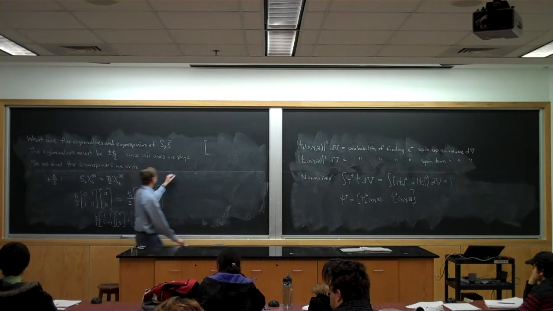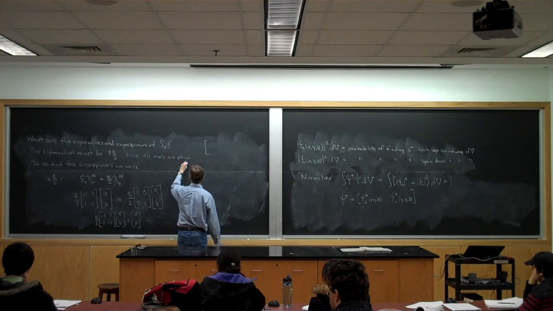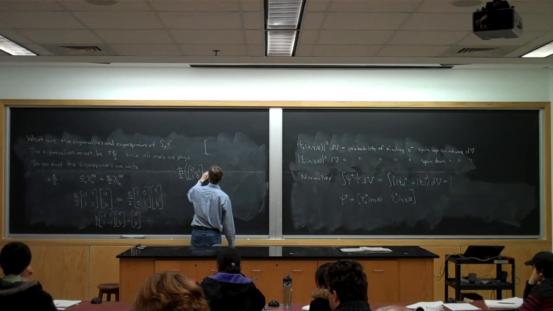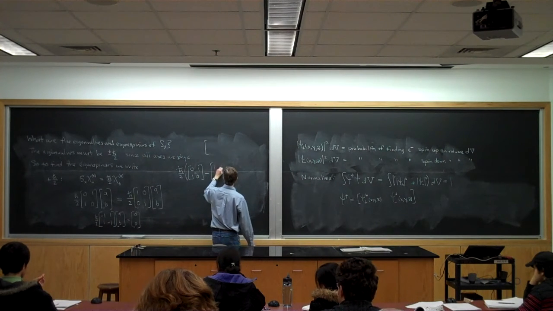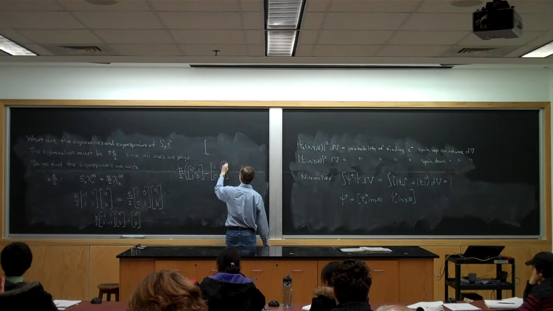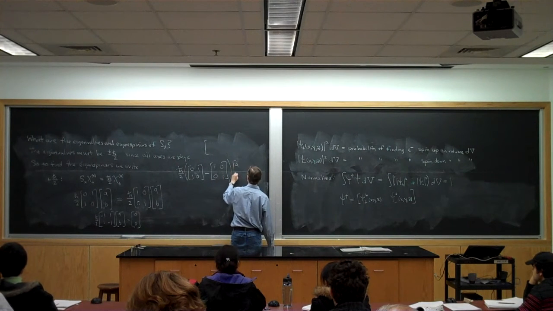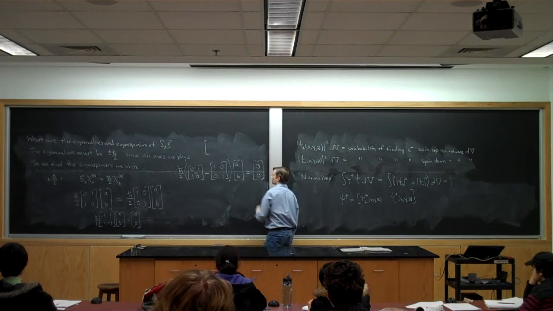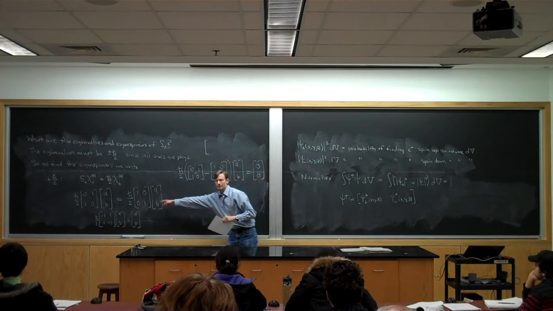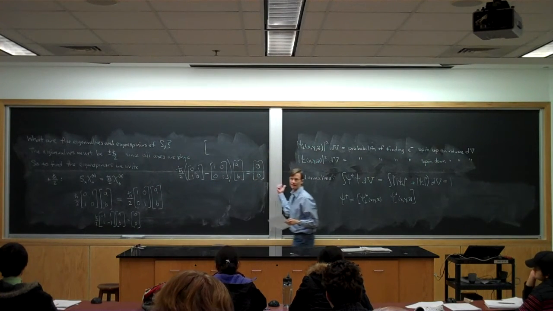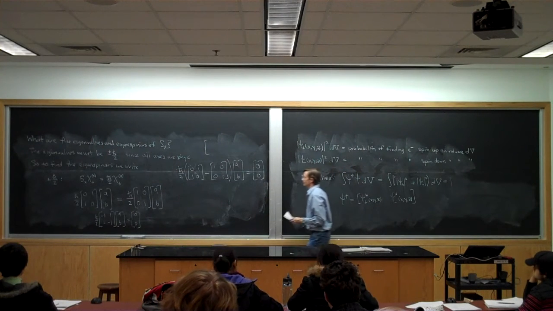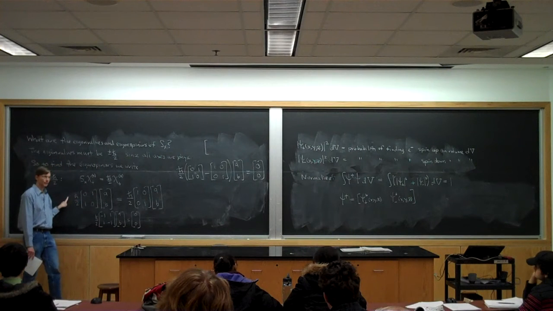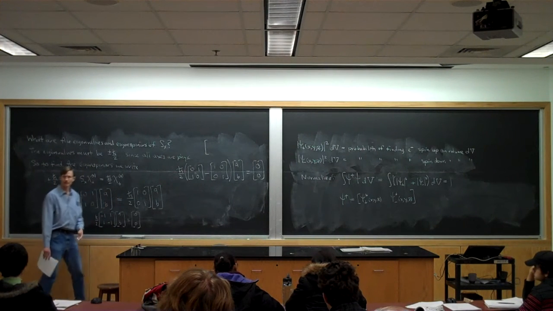If I do that, I get h bar over 2 times 0, 1, 1, 0 minus 1, 0, 0, 1 times A, B equals 0, 0. Because if I subtract, I'm going to get the 0 vector on the right-hand side. So I subtract the matrices from one another because everything else is the same.